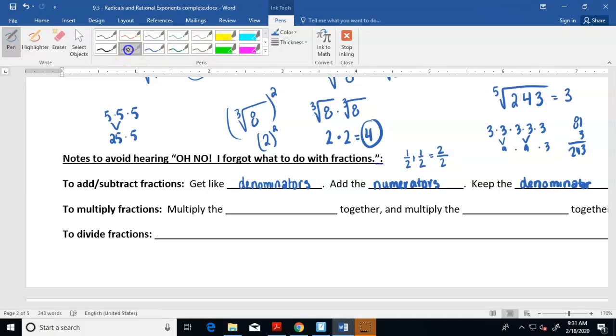And remind me, what's the denominator? That's the bottom of the fraction. What's the numerator? Top. Denominator starts to almost look like demon on the bottom.